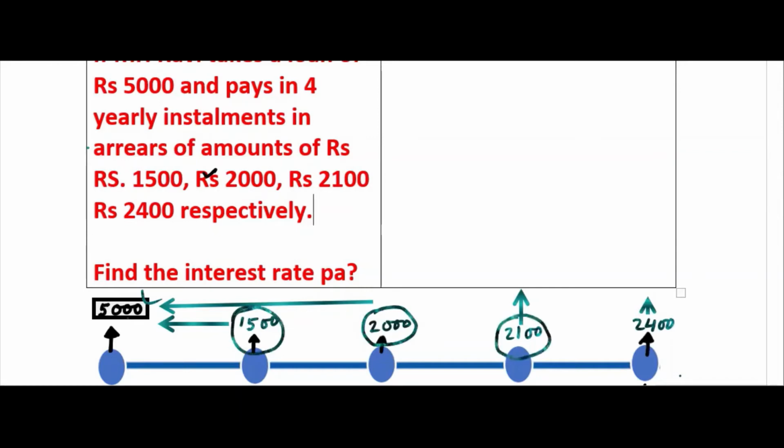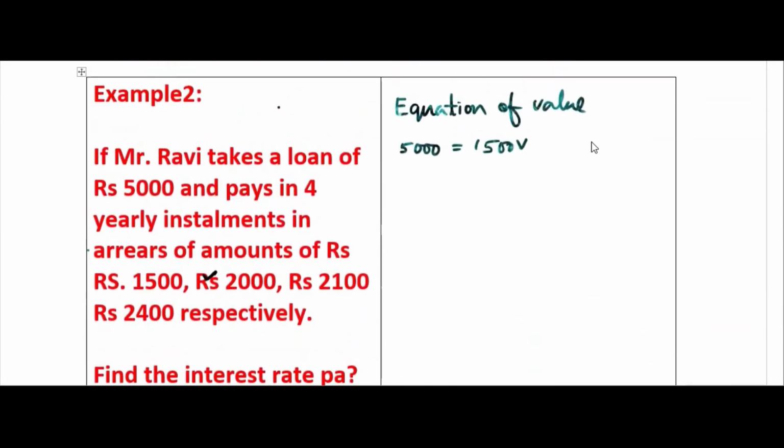Discounted value of 2100, that will be 2100 V power 3, then 2400 V power 4. Okay, so all these things I have to write here. 1500 V, 2000 V square, then 2100 V power 3 plus 2400 V power 4.